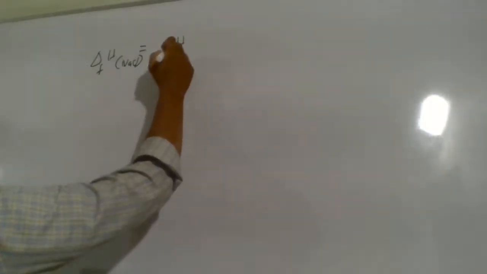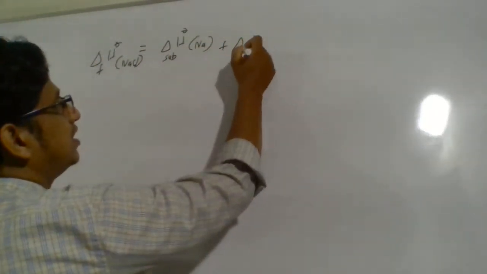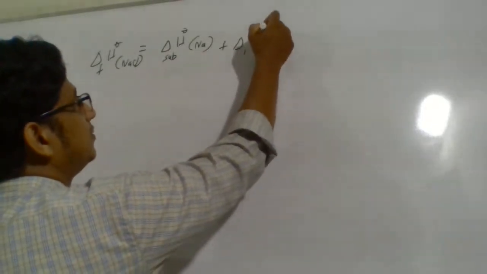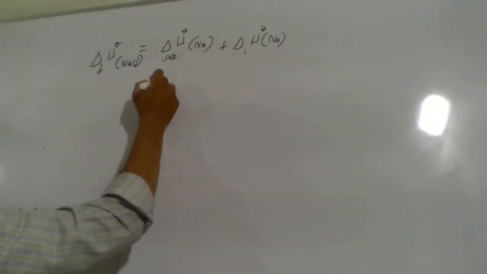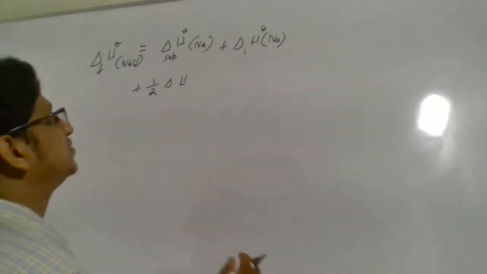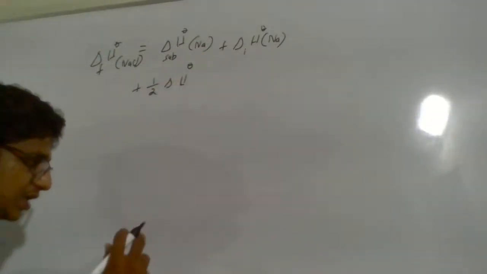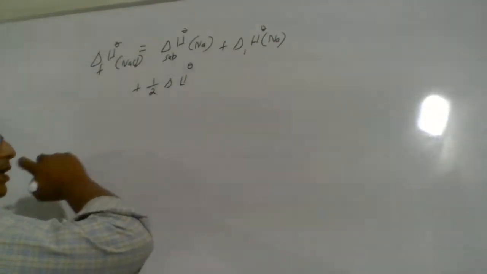Since it's for NaCl, I can write delta H of NaCl, which is equal to delta H sublimation of sodium, plus delta H ionization enthalpy of sodium, and next, half dissociation enthalpy, because please remember chlorine exists as diatomic, so you require only half mole of chlorine, which means chlorine in the gaseous state, so we need only 1 mole of chlorine atoms.